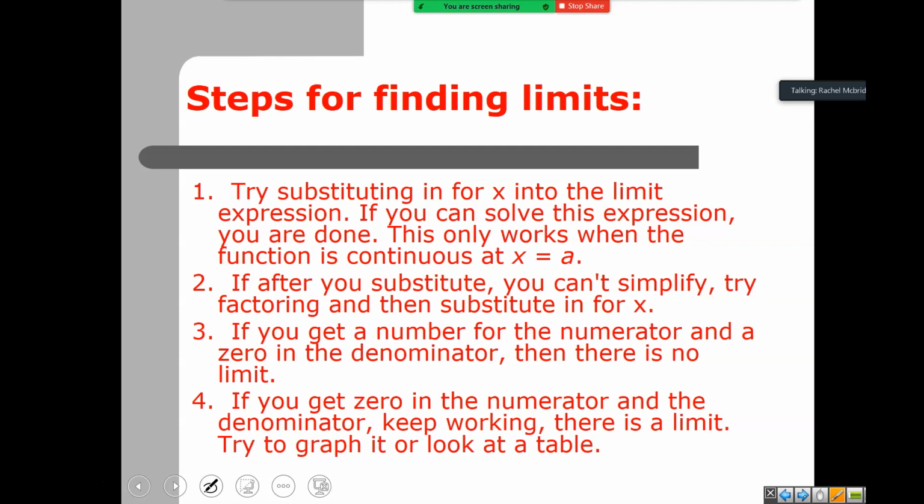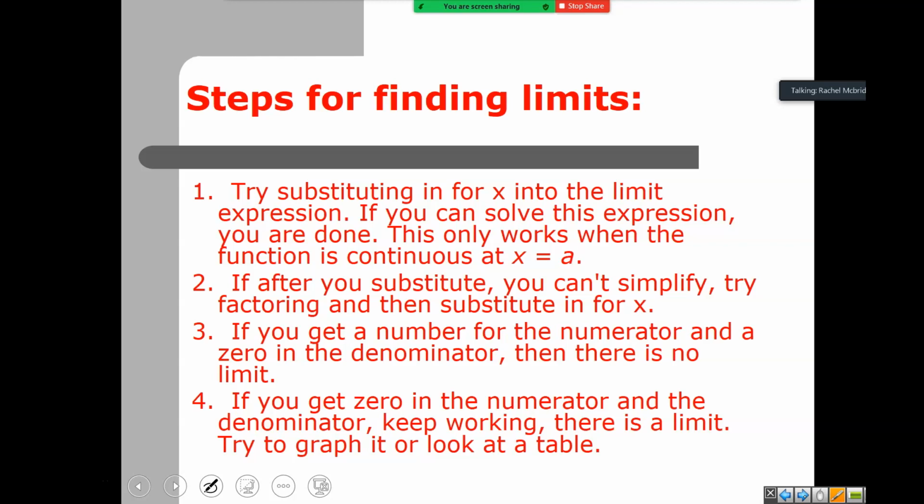Next, if you substitute and you get 0 over 0, simplify. So use factoring and substitute for x after you simplify through factoring. Another way we can simplify is doing the complex conjugate. We're going to do another example of that. And the third way we can simplify is rationalizing the denominator by getting common fractions.